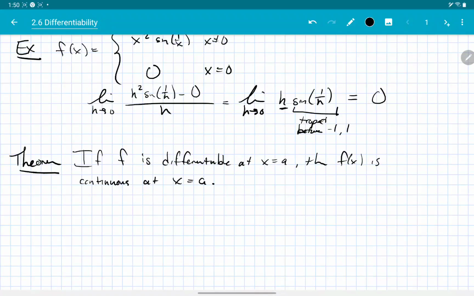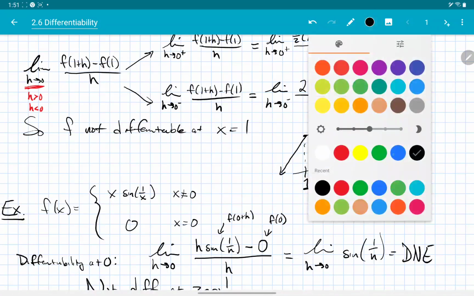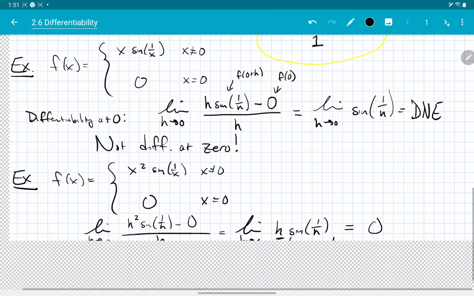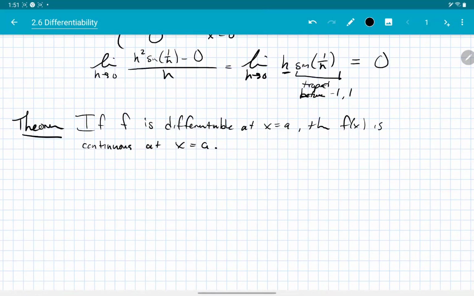So differentiability implies continuity. Now, the other way around does not work. Continuity does not imply differentiability, which we saw above here. This example, let me circle it here. This example here was a continuous function that was not differentiable at that point. So continuity does not imply differentiability, but differentiability does imply continuity.